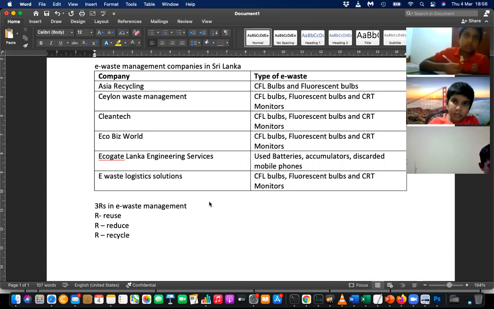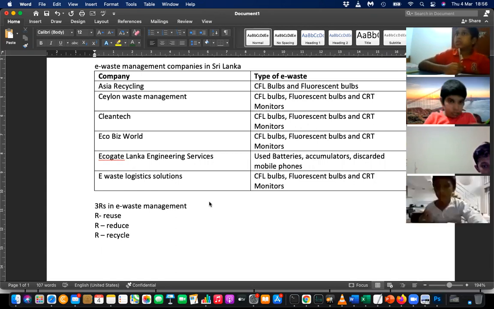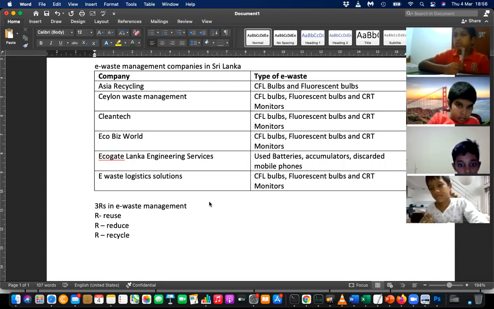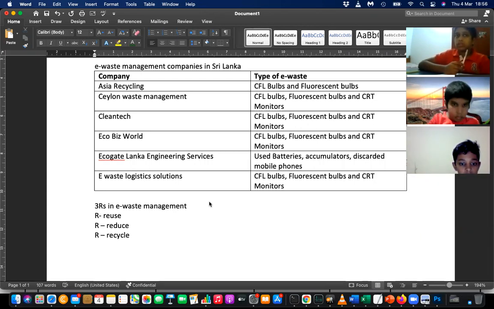Reduce. How to reduce? For example, you can repair and use things. If your laptop is broken, you can repair and use it rather than just throwing it away.